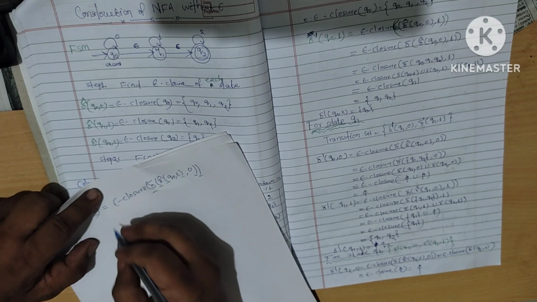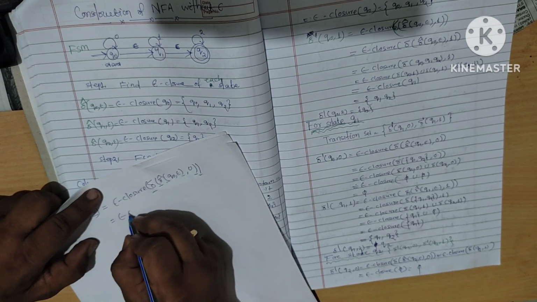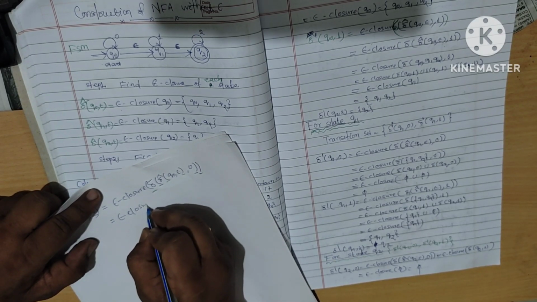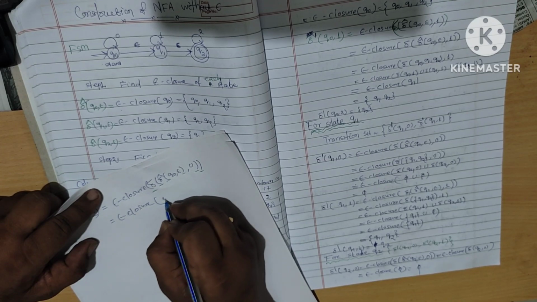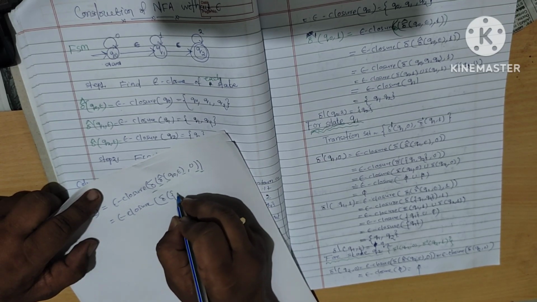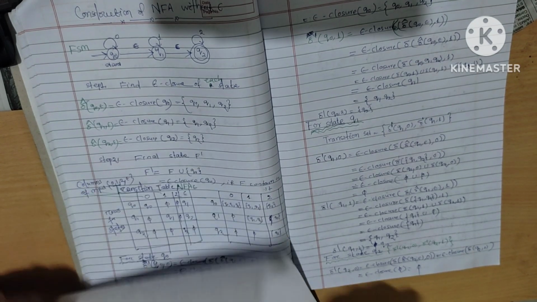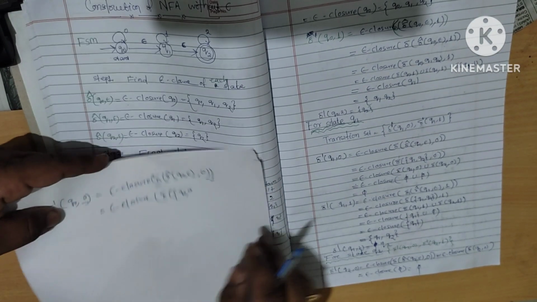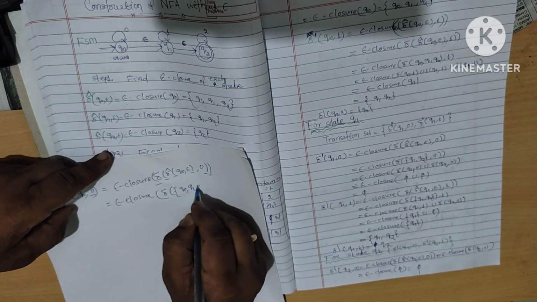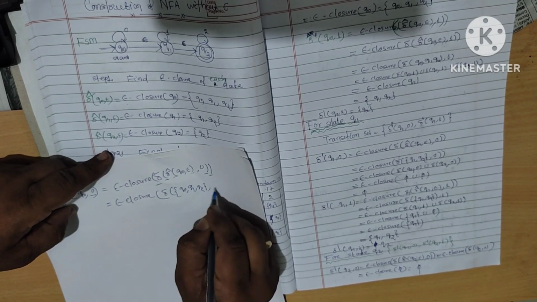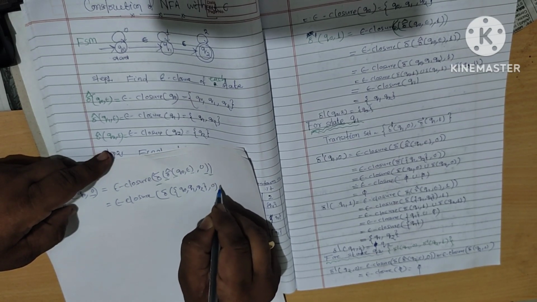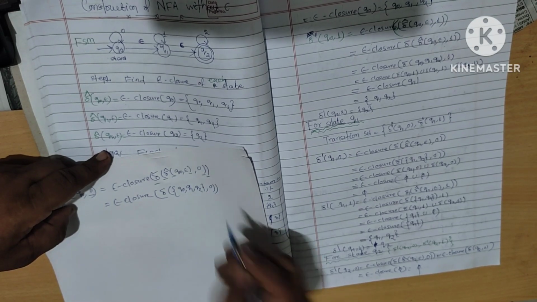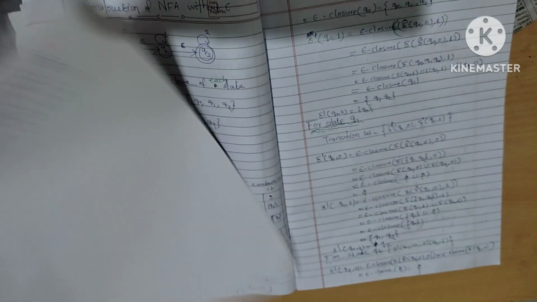Now if you see one analysis of this, I can write epsilon closure of delta of q0 epsilon, that is equal to q0 q1 q2, and on transition 0. You can see the figure here.